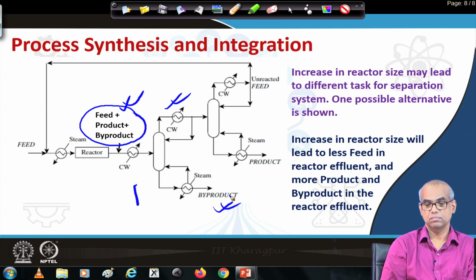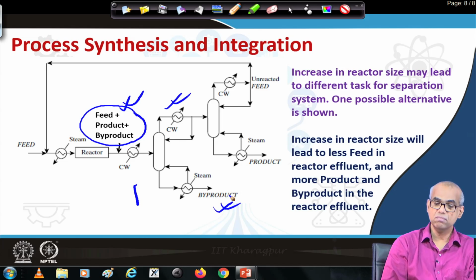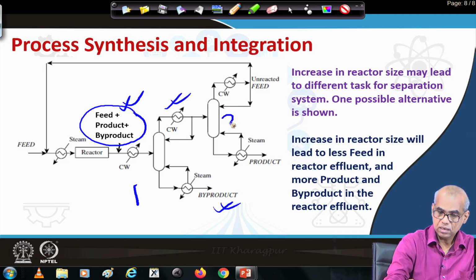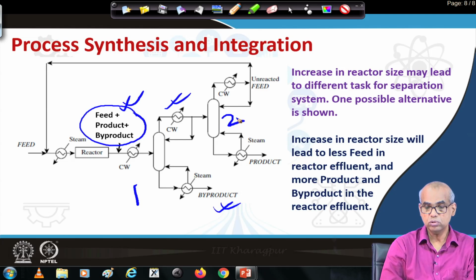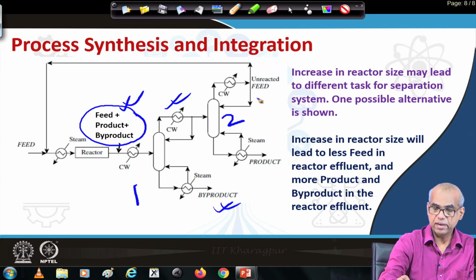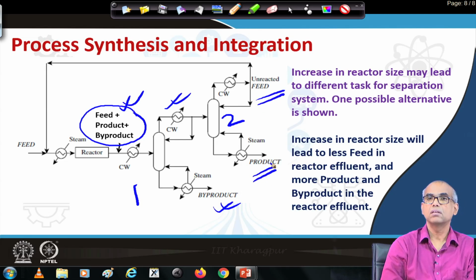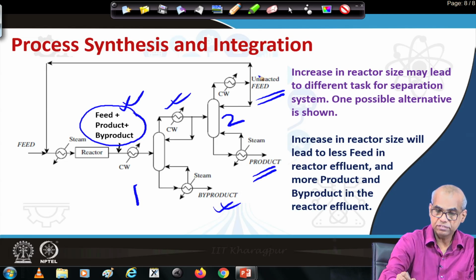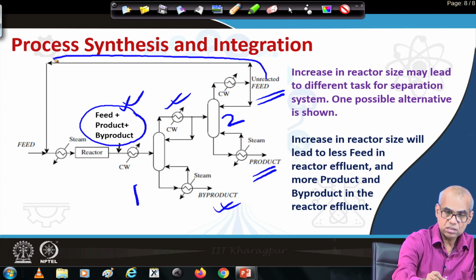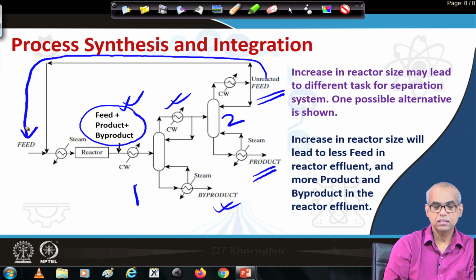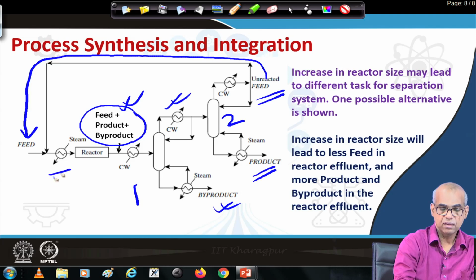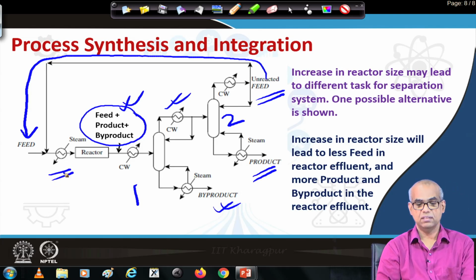Then this unreacted feed and product stream goes to distillation column number 2, which separates this mixture into a stream of unreacted feed and a stream of desired product. Again, the unreacted feed goes as the recycle stream, mixes with the feed, is preheated and enters the reactor.